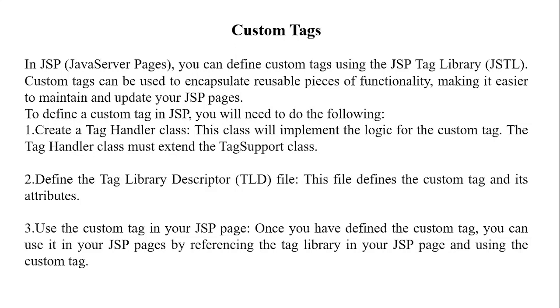So at that particular time, when he develops some front end page, he wants to process some data or some logic to test it. So for that purpose, the backend developer created a custom tag.